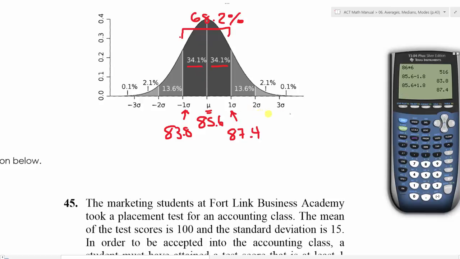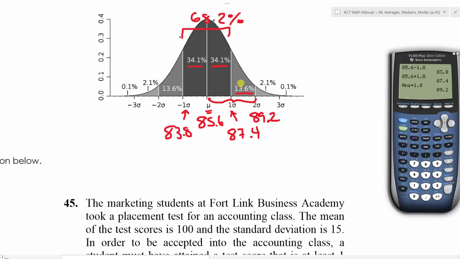Two standard deviations above, well, we would just add another 1.8 to the 87.4. So two standard deviations above would be 89.2. So if we were asked a question like, what percentage of students were within two standard deviations above the median, we'd be talking about this entire area of the distribution curve.